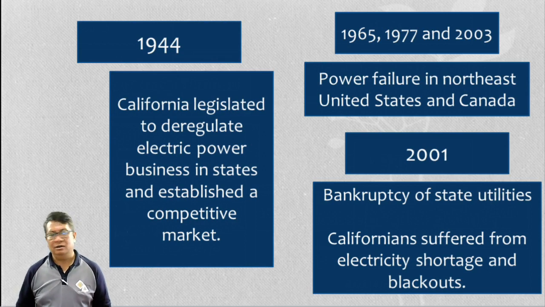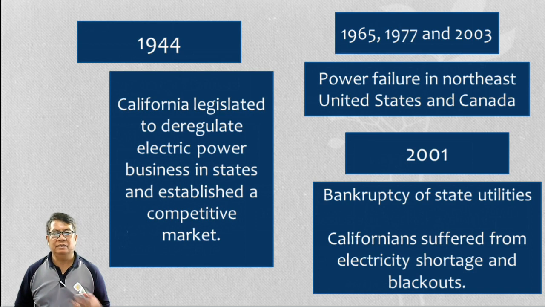In 1944, California legislated to deregulate the electric power business in the state and established a competitive market. So this time they tried to establish a competitive market in the production of electric power.